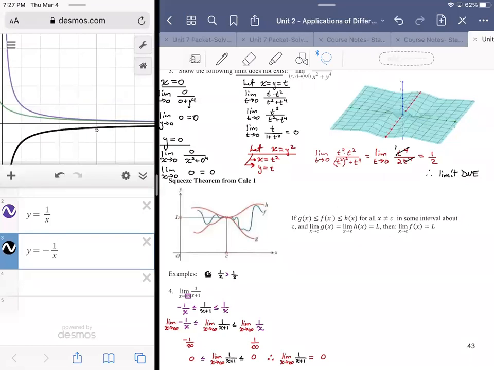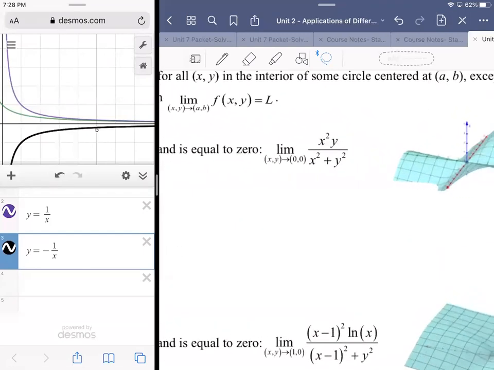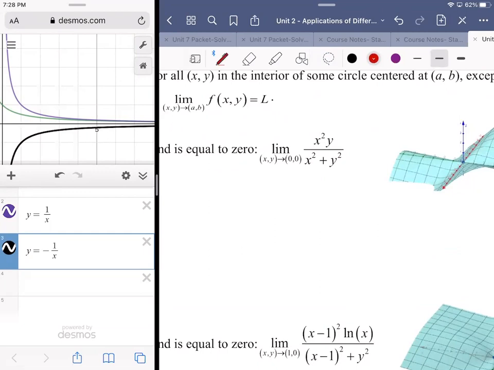All right. So the squeeze theorem in 3 dimensions. Well, look at this, out of the frying pan, right? Really not that bad, because I have this expression here of x squared y over x squared plus y squared.